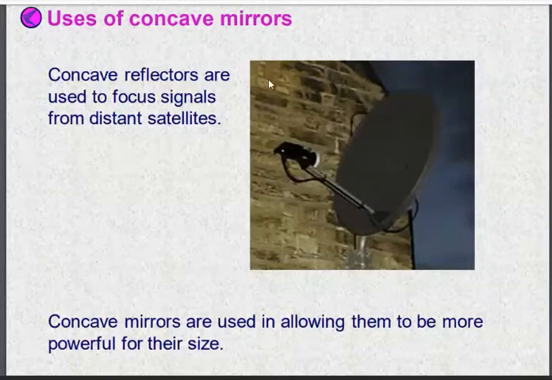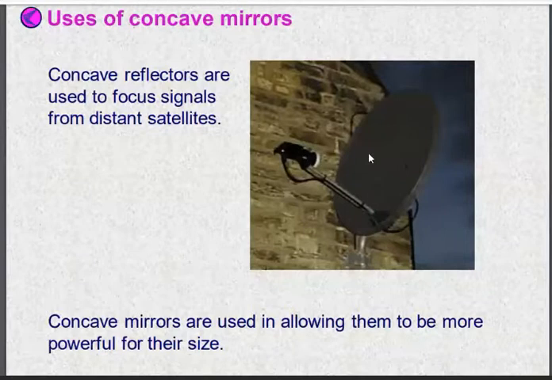All the incident electromagnetic waves or audio signals strike this surface, and after reflection converge onto the focus. So this receiver is situated at the focus. If you displace this receiver from this position, your TV would not give a clear picture.